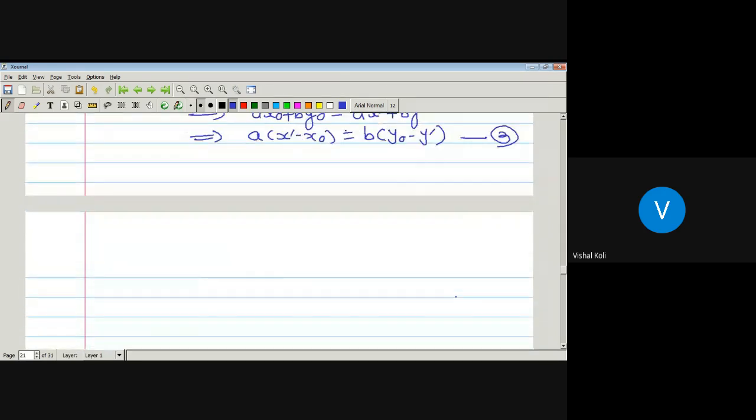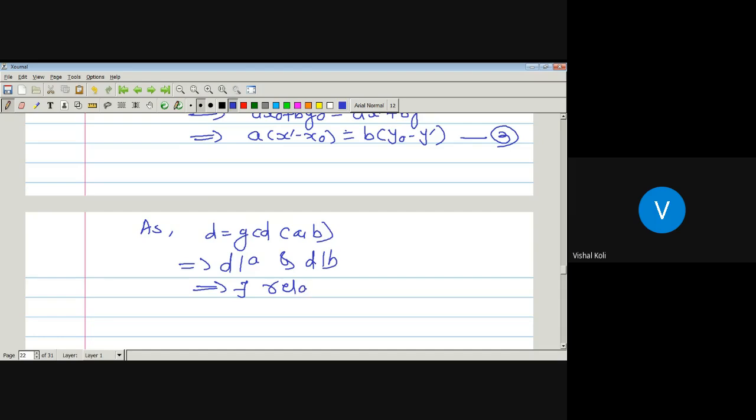But here we have d is the GCD of a and b. As d is the GCD of two integers a and b, which implies d divides a and d divides b, which implies there exist relatively prime integers r and s such that a is nothing but dr and b is nothing but ds.